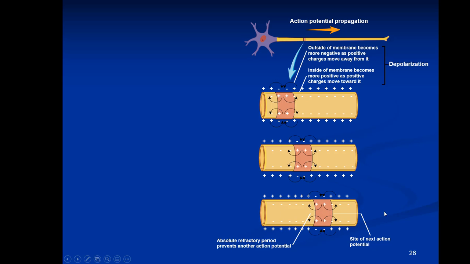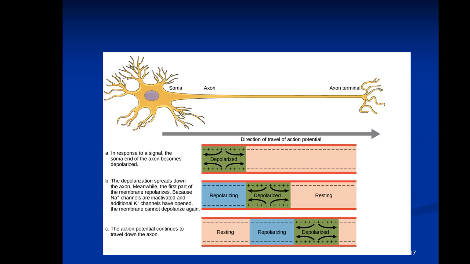So it has to keep going in one direction. So you only get action potentials moving from the cell body towards the end of the axon. And this reinforces what we were saying. Depolarize, next section depolarizes while this is repolarizing, and then keeps going. At this point, this is still in the refractory period. This is good to go for another action potential because it's back at rest.